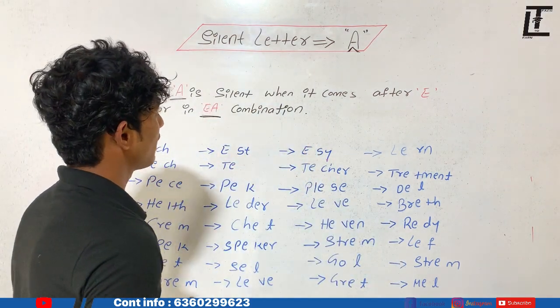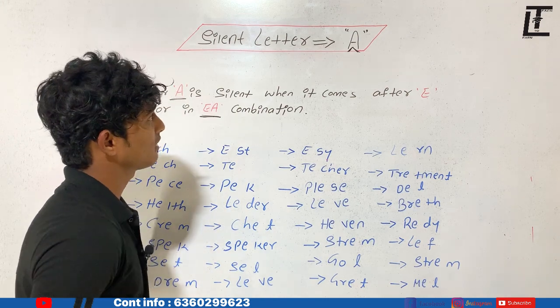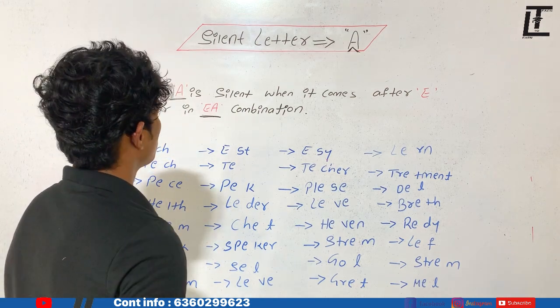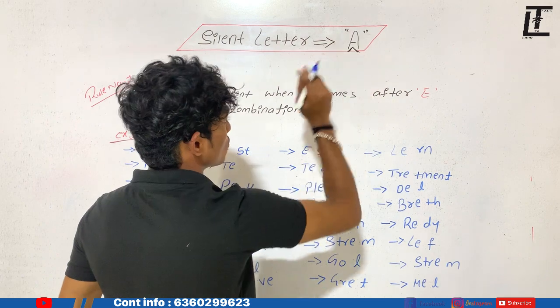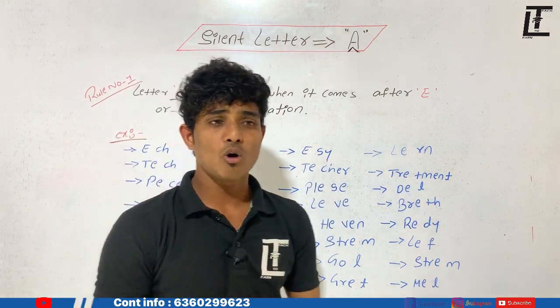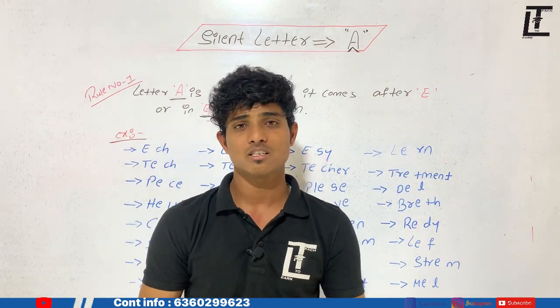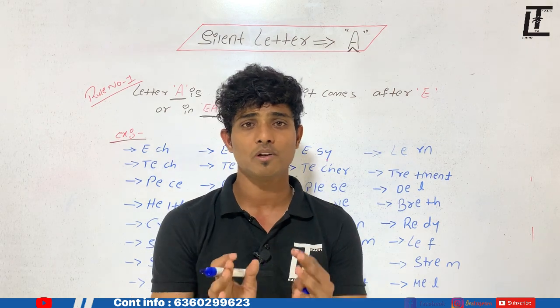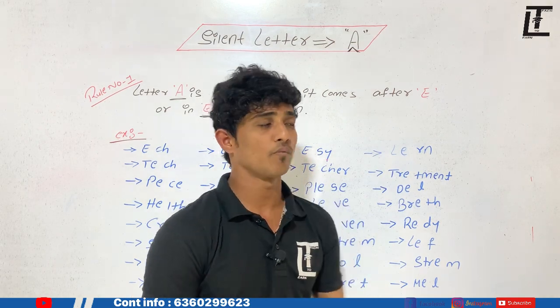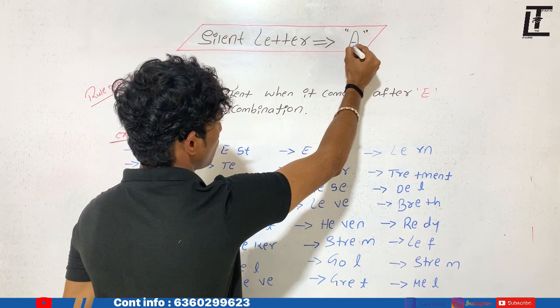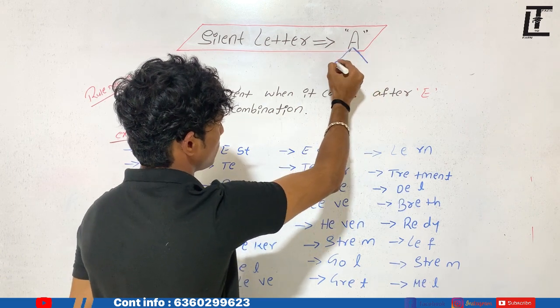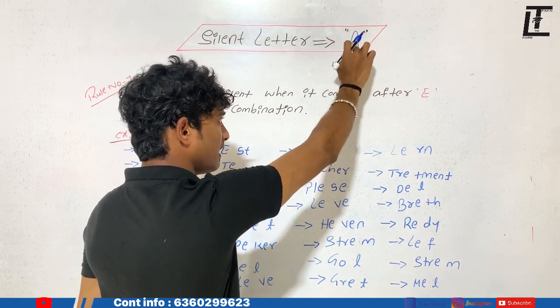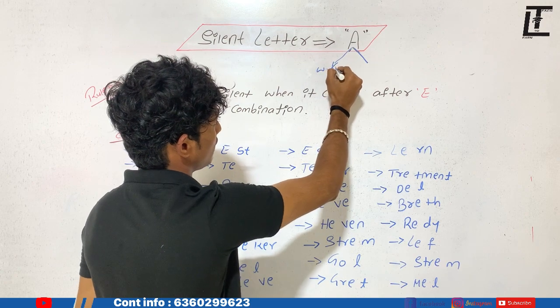Now, as I have mentioned in the title, we will be discussing the silent letter A. Which means we will discuss the words in which the letter A is not pronounced. Fine. What is this silent letter A? Very simple. Listen to me carefully.